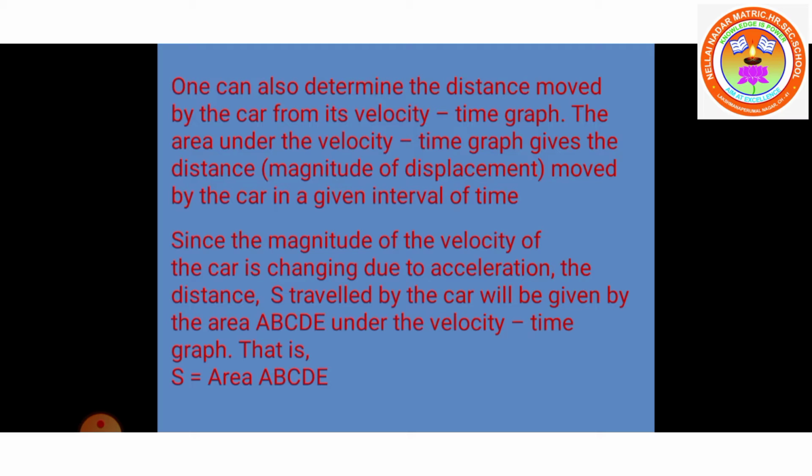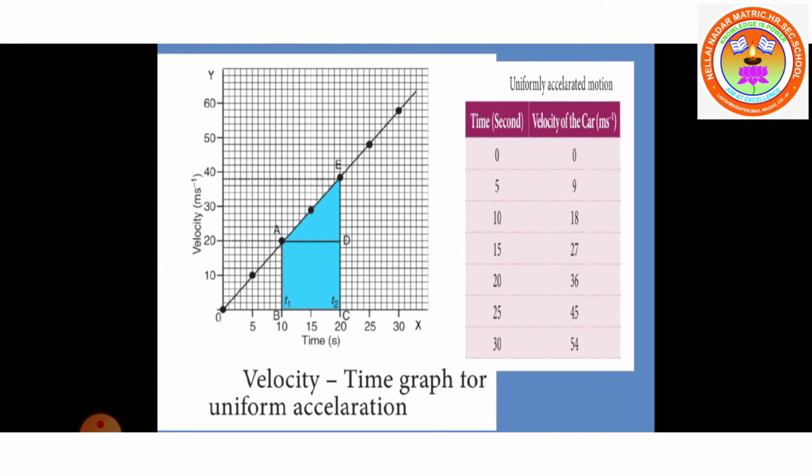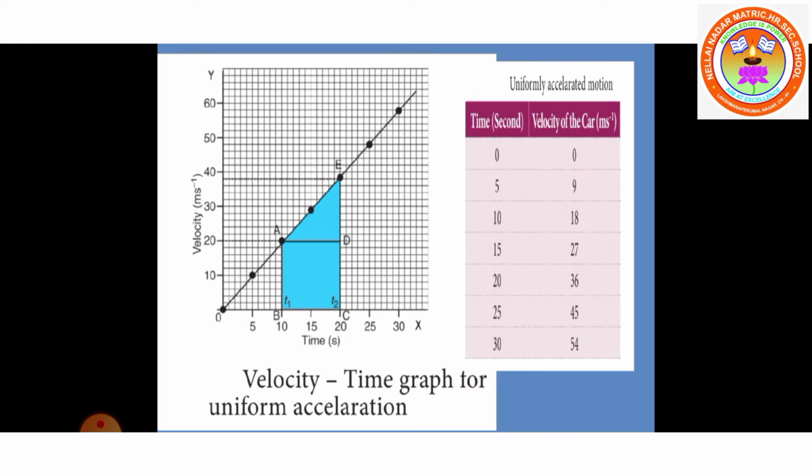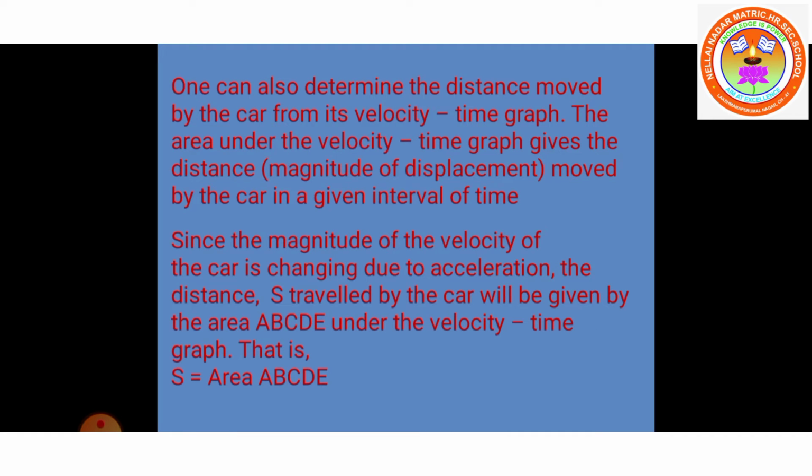Since the magnitude of the velocity of the car is changing due to acceleration, the distance traveled by the car will be given by the area of A, B, C, D, E. That is the area of the shaded portion.